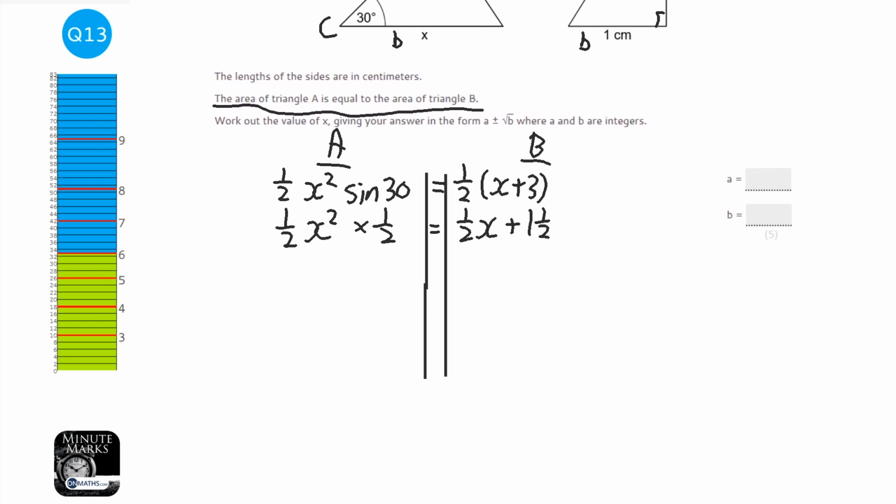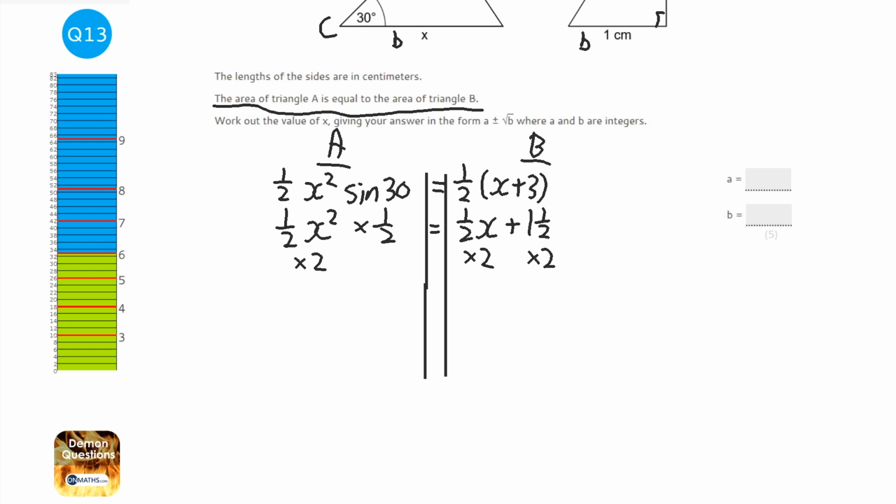Okay, cool. Next thing we're going to do is, looking at that, I'm just going to times everything by 2. And you've got to times everything by 2, so don't just do it once, do both sides. You've got to times everything by 2, and actually that's part of the same term. So anything that's separated by a plus or a minus, you've got to times by 2.